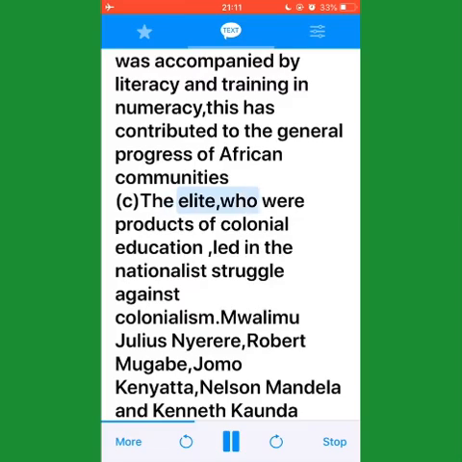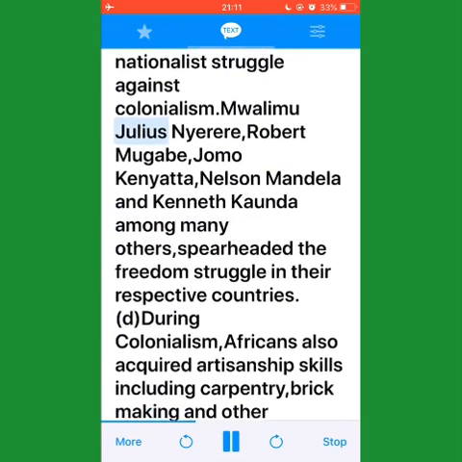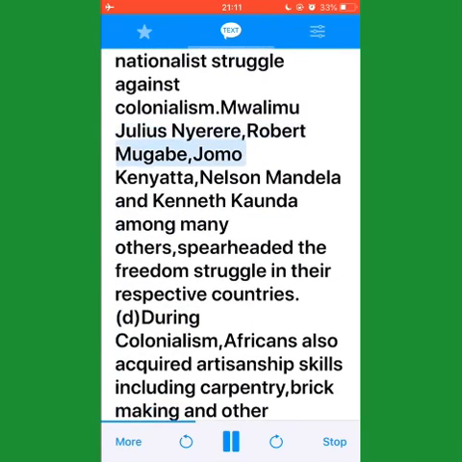C. The elite, who were products of colonial education, led in the nationalist struggle against colonialism, while Julius Nyerere, Robert Mugabe, Jomo Kenyatta, Nelson Mandela and Kenneth Kaunda, among many others, spearheaded the freedom struggle in their respective countries.